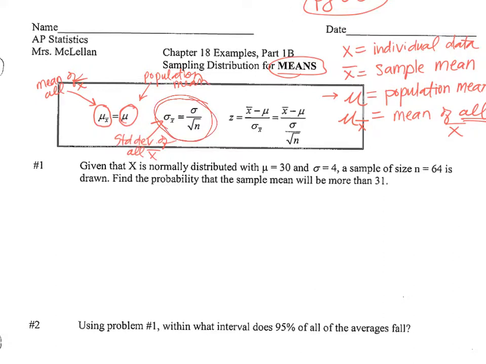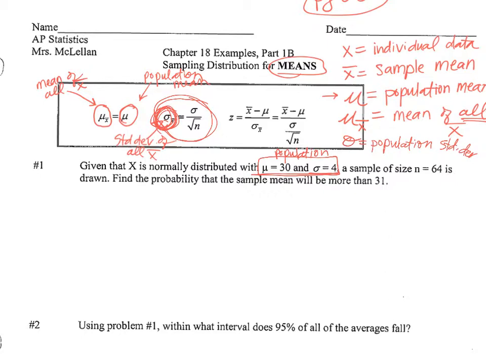And let me explain to you what it is. See these two numbers right here in this first example? These are population numbers. So a regular old sigma is a population what? Standard deviation. And that is different from this. This is the standard deviation of the X bars.